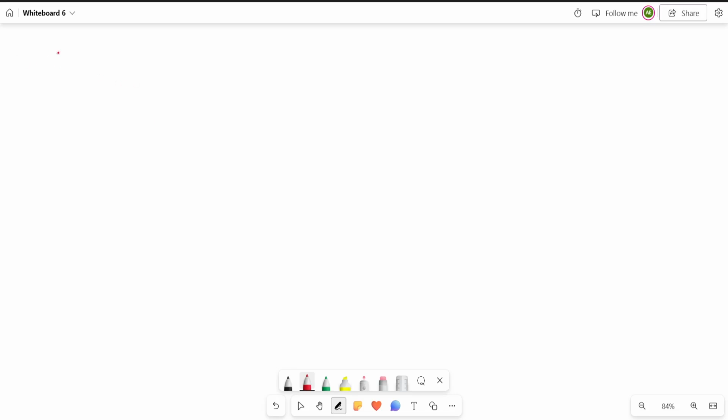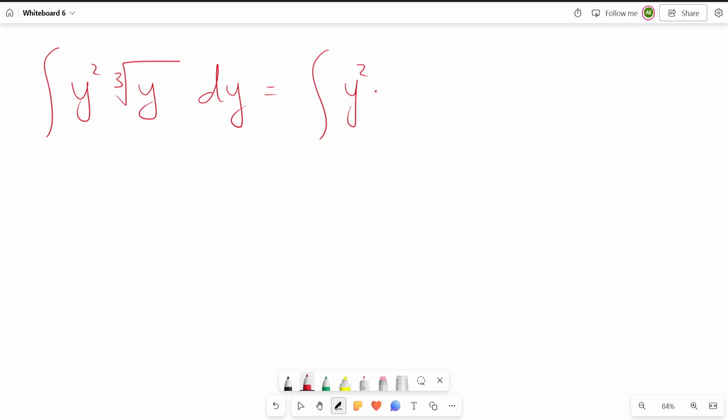Let's take another example. Let's say we have integration of y squared multiply cube root of y with respect to y, so dy. So first of all, I can rewrite this as integration of y squared multiply y power 1 over 3, because cube root is the same as power of a third.